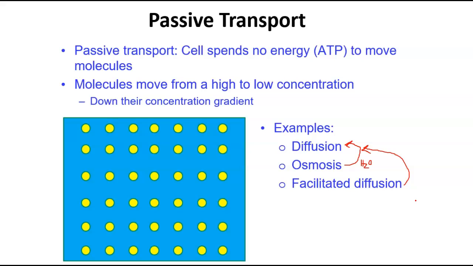And it is a type of diffusion that, again, doesn't need any energy in order for it to happen, but it does need a little help, and usually that help is in the shape of a special channel that the particle can move through. So for instance, water can move into and out of a cell without any help, without anything special.